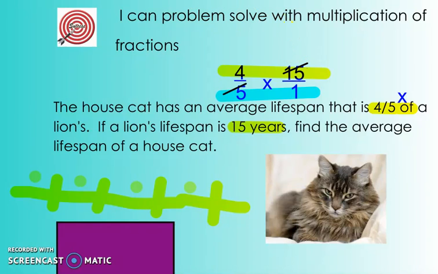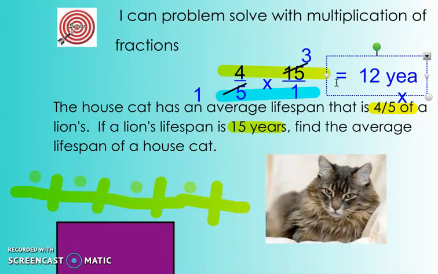If I take 5 divided by 5, I get 1, and 15 divided by 5, I get 3. So I now have 4 firsts times 3 firsts, and I can just multiply straight across. 4 times 3 is 12, and 1 times 1 is 1. I don't need to put the 1 underneath the 12 because 12 divided by 1 is 12. So a cat lives about 12 years.